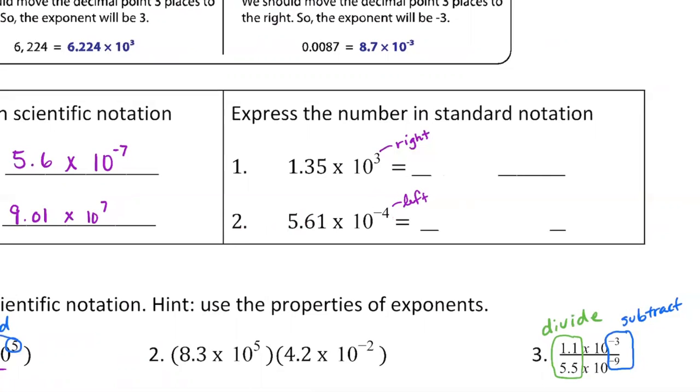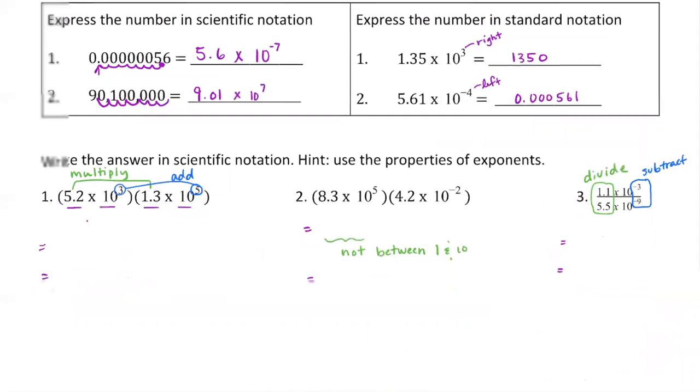So I'm going to move 3 to the right for this one, which would be 1,350. And for the other one, I'm going to move 4 decimals to the left. So it was here, and then you move 4 to the left, and then you also put another 0 in front of that decimal.